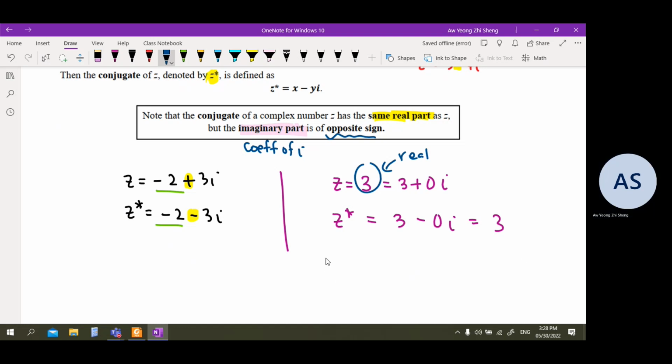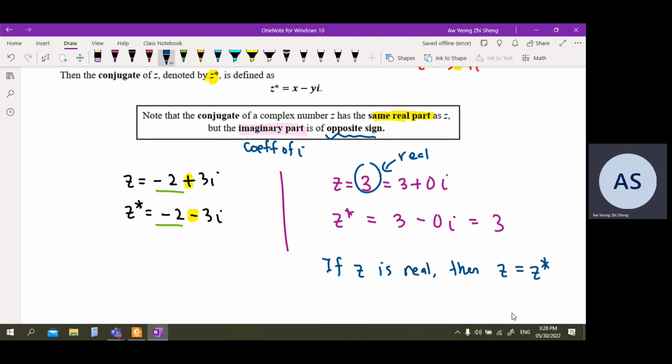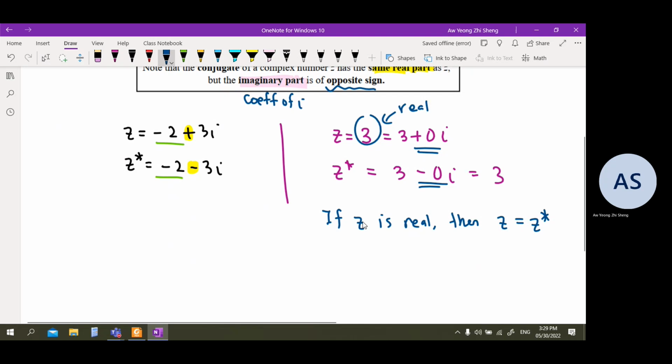And so if Z is real, then Z will be the same as Z star, because plus 0i changing to minus 0i is the same as having nothing changed. This is one interesting observation: a real number will remain unchanged when you apply star to it.